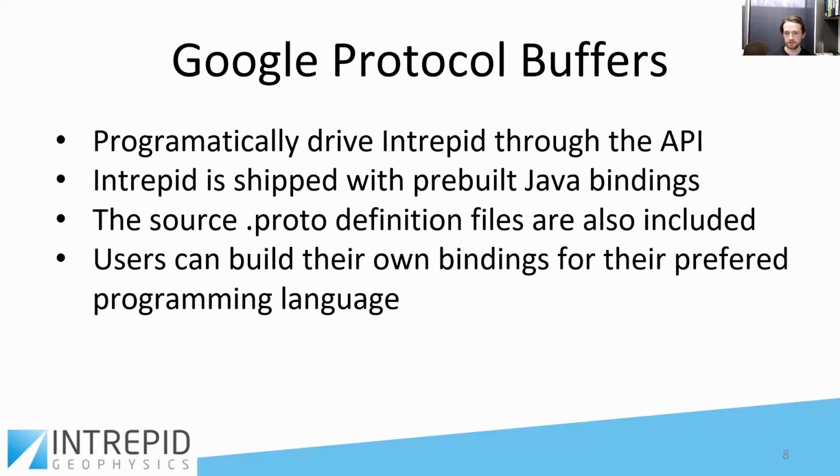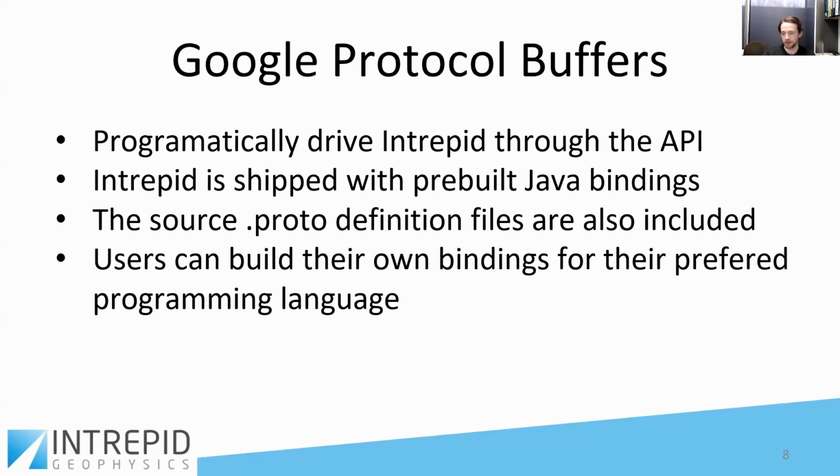Because of this, we can actually already ship Intrepid with a number of these bindings, which means in terms of Java and Python programming, there are already pre-built bindings that would let you immediately use this sort of advanced scripting technology within your own application. So my colleague Diffu Wang will be talking about this later on.